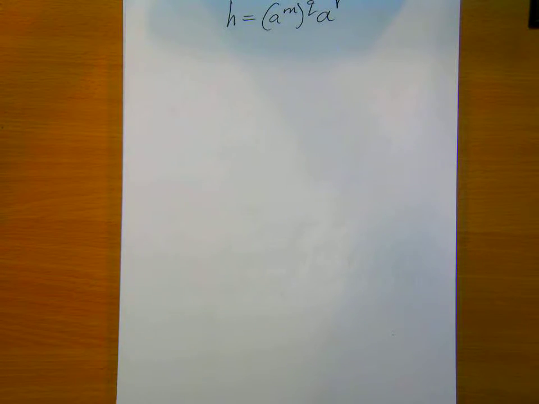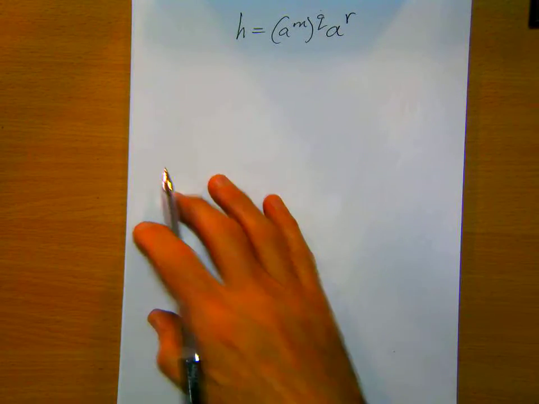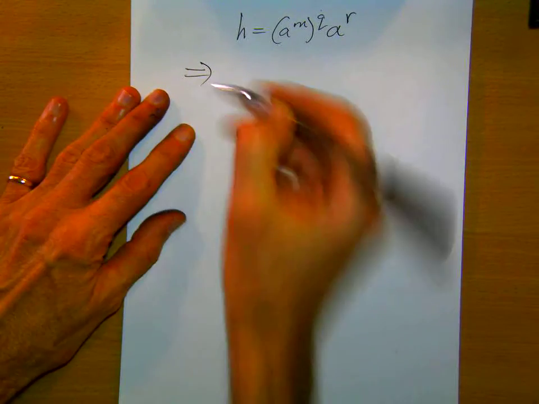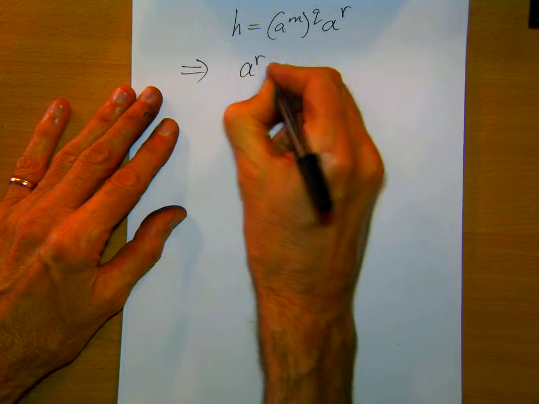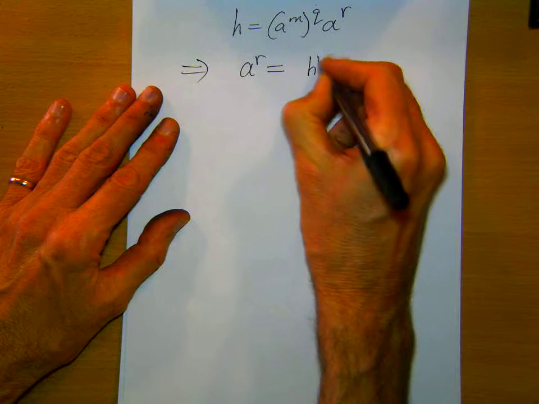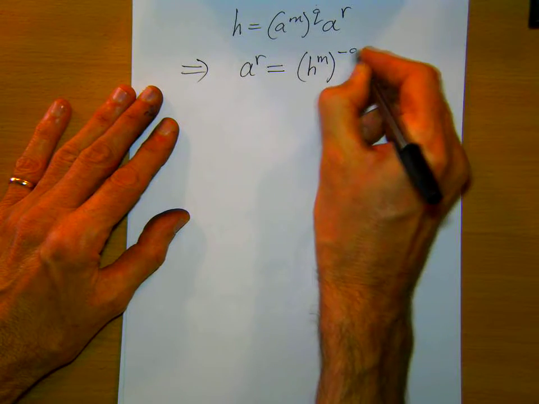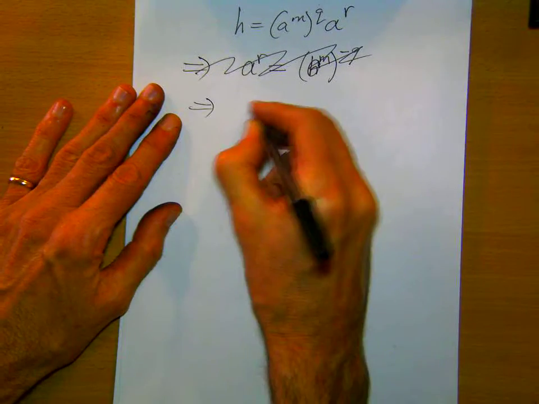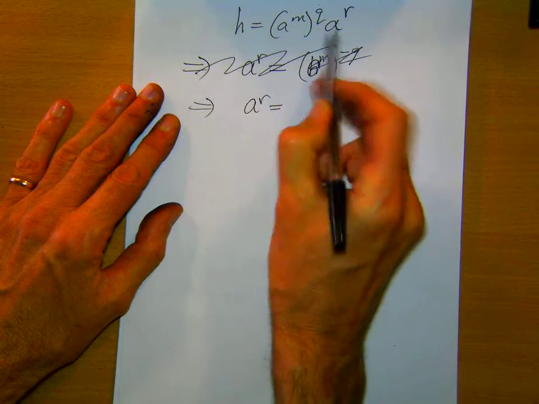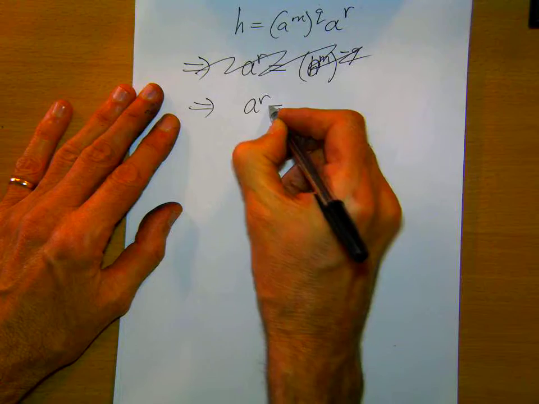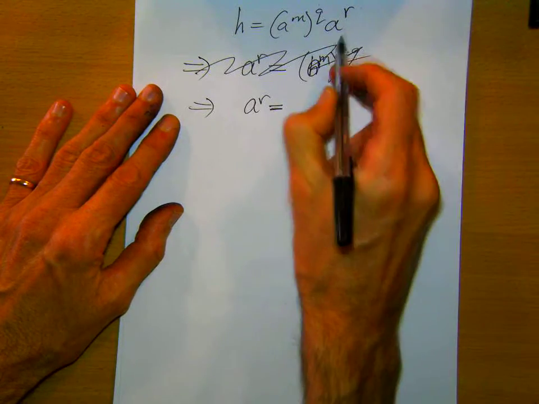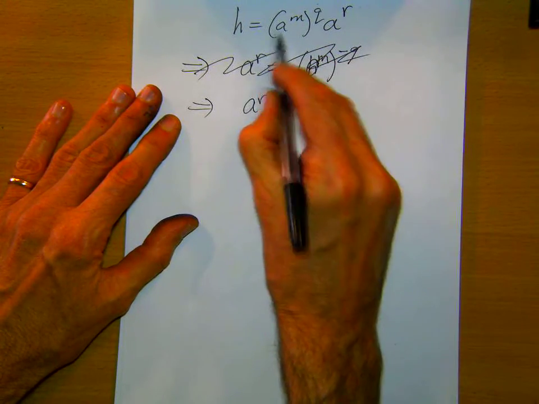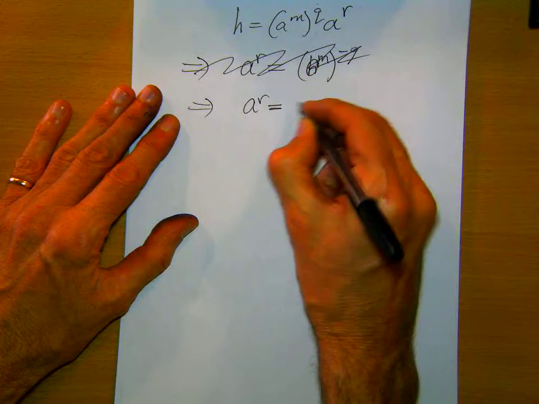And that's just what I had in the previous page. I'm just going to rearrange this. Sorry. Start again. a to the r is, I'm going to get a to the r on its own. So I'm going to pre-multiply by the inverse of this.